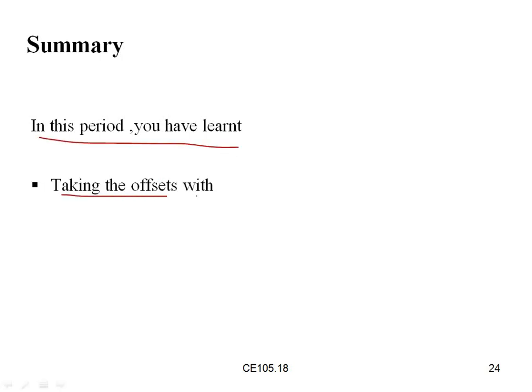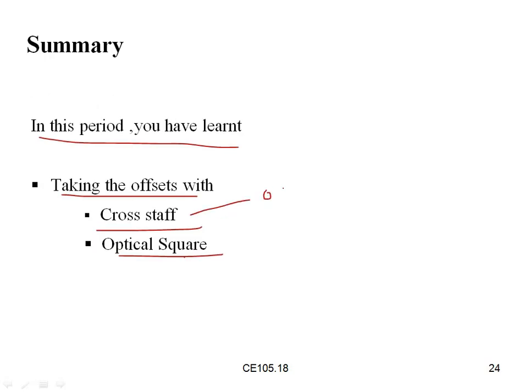So finally, today we have seen taking the offsets with the cross staff and optical square. In the cross staff we have seen the open cross staff and the French cross staff. Generally we prefer the open cross staff.